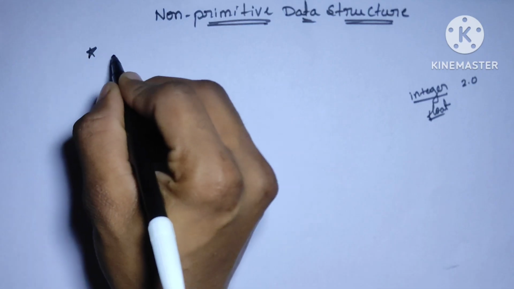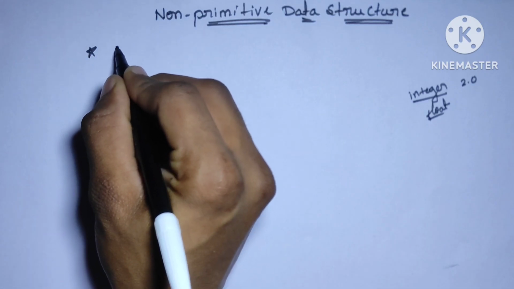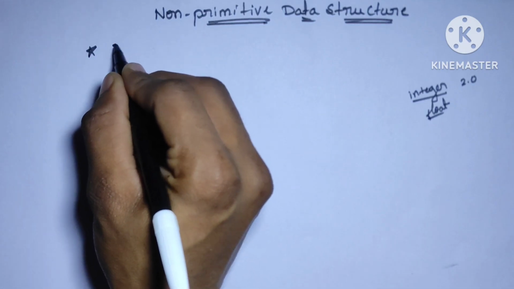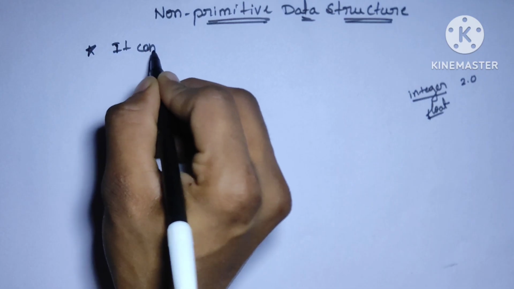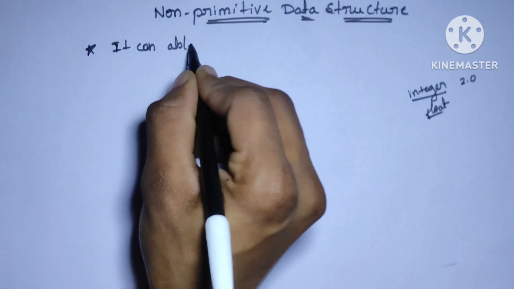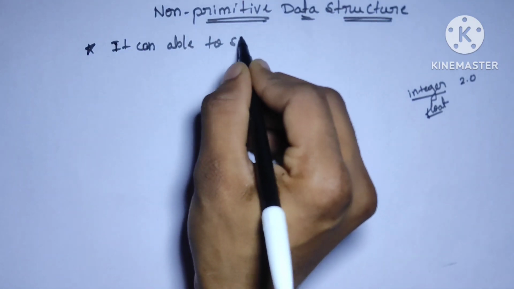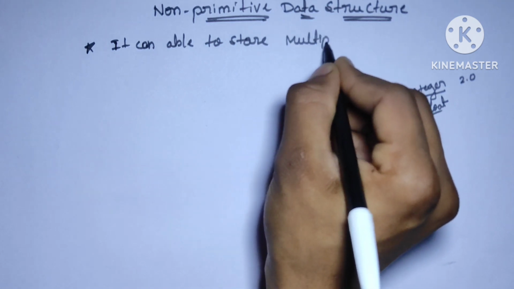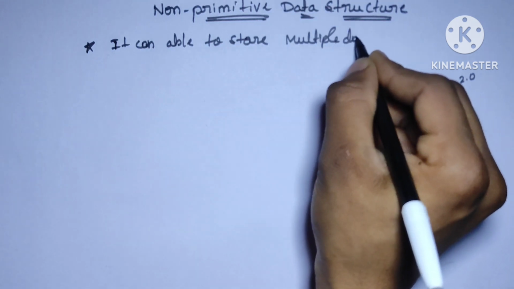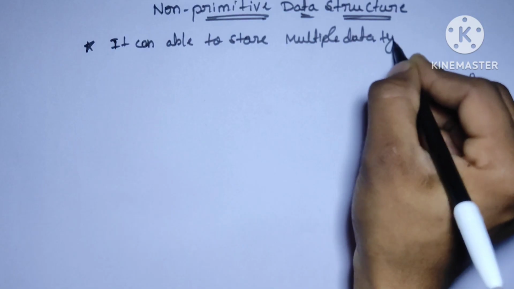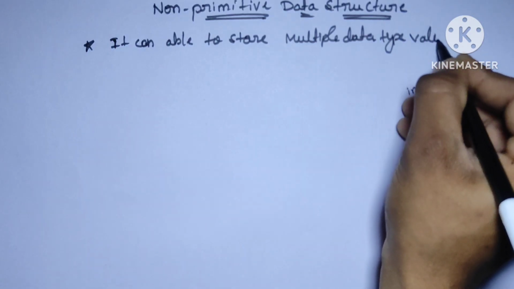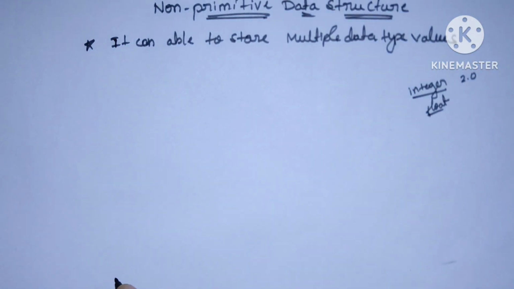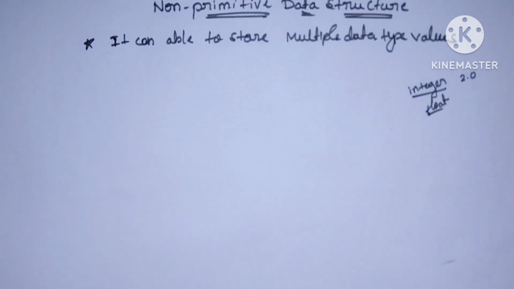The first thing is that a non-primitive data structure can store multiple data type values. And one more thing, the primitive data structure is a fundamental data structure.